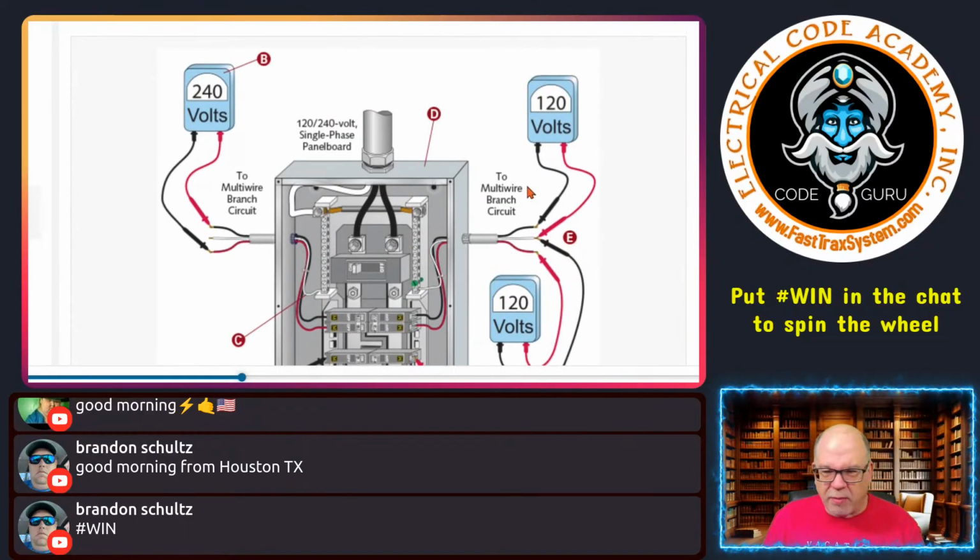So here's an example of our multi-wire branch circuit right here. Let's just say this is an EMT going out. Here you have a black, a red, and a white. And obviously when we talk about two or more ungrounded conductors, it talks about any of those to neutral being the same, no matter what the leg is.